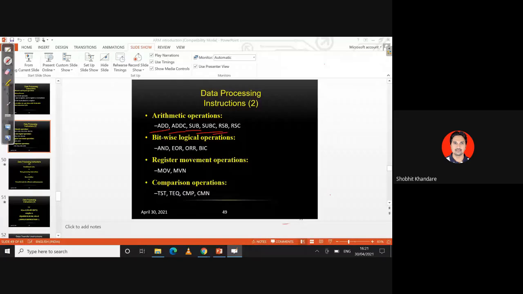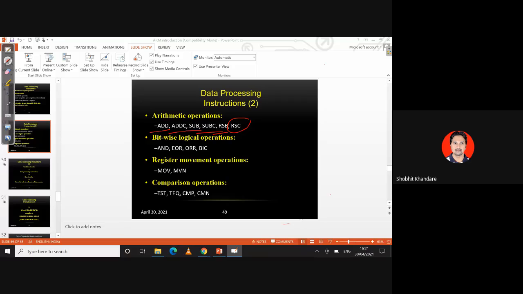Then RSB is reverse subtraction and RSC is reverse subtraction with carry. Okay, so I think I will not take this, but if you want an example I will just give 1 or 2 examples. Otherwise this is simple, you can do by yourself.